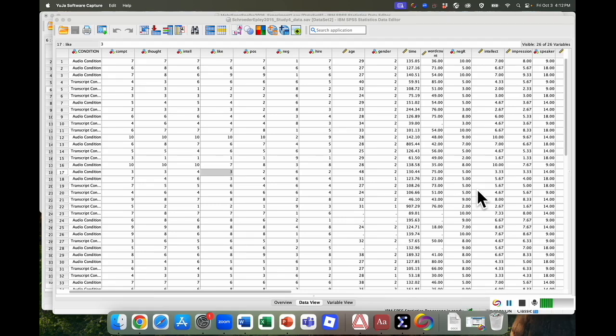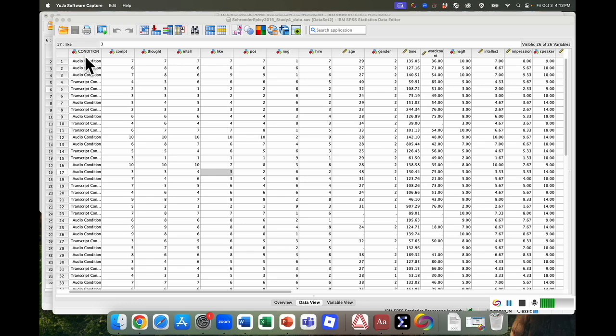Different people heard or read about the job candidates, and these were held consistent across participants. So it wasn't like they were looking at different candidates in the audio and transcript. It was the same candidates saying the same things. The difference is whether there was listening or reading involved.